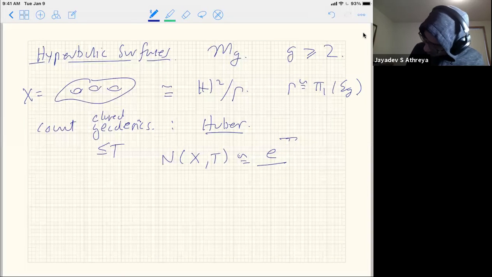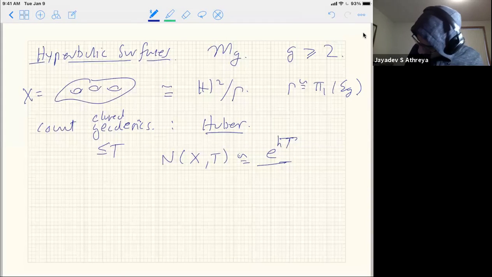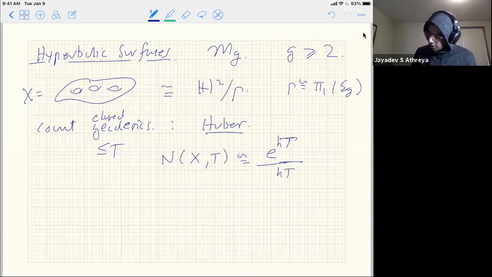So e to the ht over ht basically is the asymptotic growth, with a co-volume number out front. I'm not writing the constant properly here. This should come from the growth of, it's very closely related to a hyperbolic lattice point counting problem in the plane.